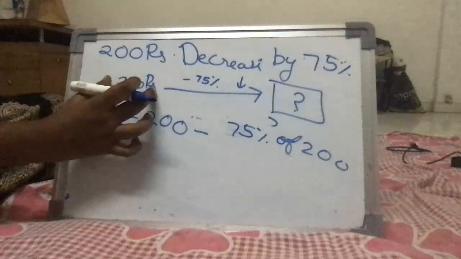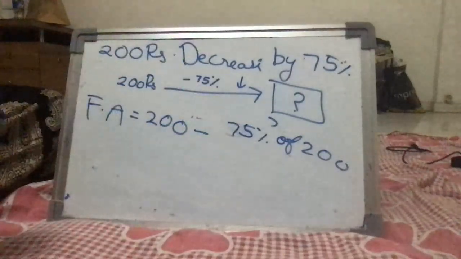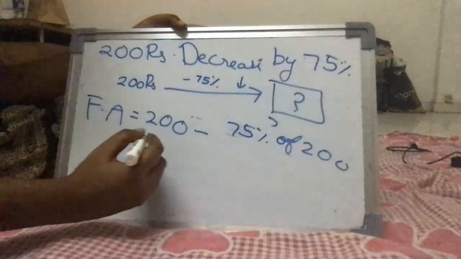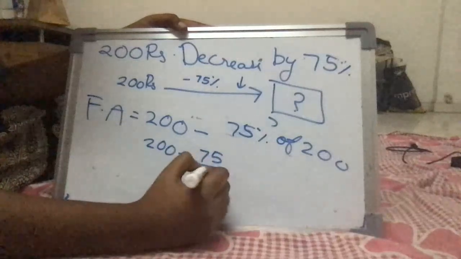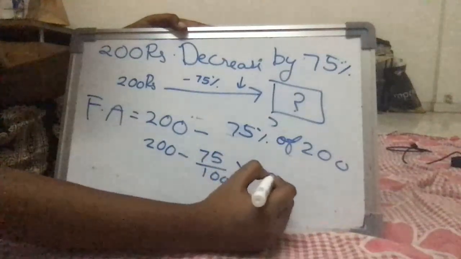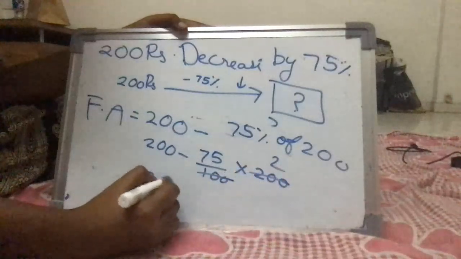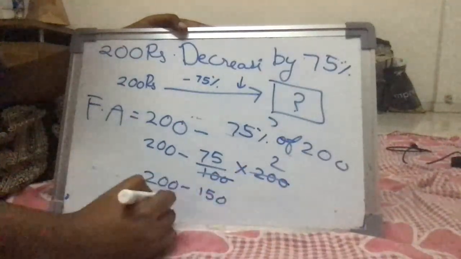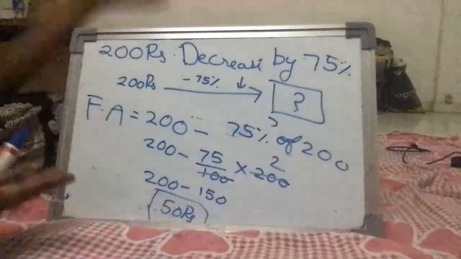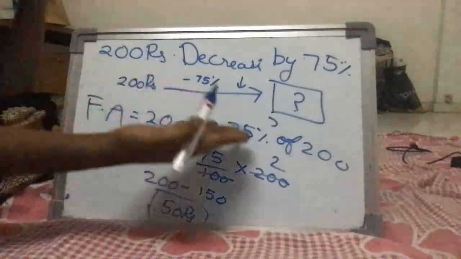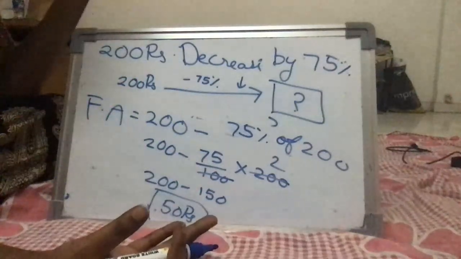From this original amount, I'm removing this. It's being decreased. Now, how will I solve it? 200 minus 75 upon 100 into 200. So the calculation is still the same. This will become 200 minus 150. The answer will be 50 rupees. In both cases, the answer is the same. Here I just did a one-step process. Previously, I did a two-step process. You can do whatever is convenient to you.